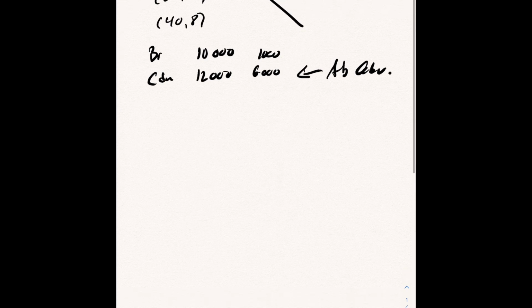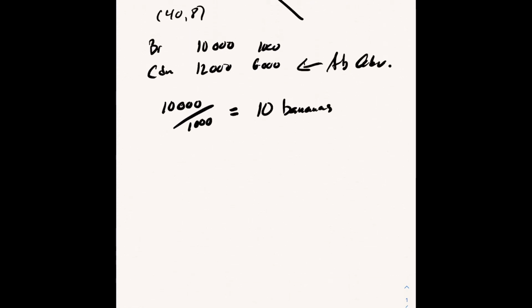So is there an actual reason to trade? Well, there is a reason to trade, because when you look at the opportunity cost, Brazil, because of the relationship, they give up 10 tons of bananas per ton of steel.